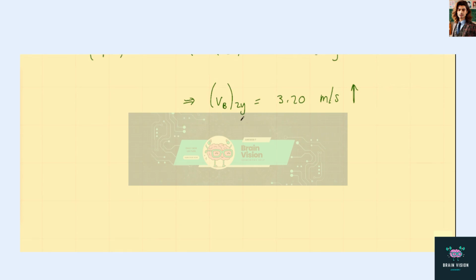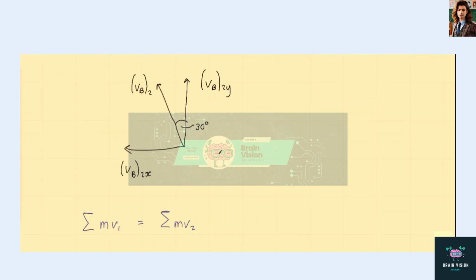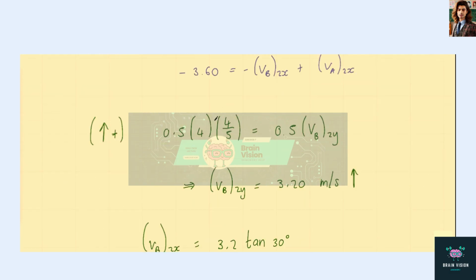Now, since we have this, we can find VB2x, which is 3.2 times the tan of 30 degrees. Remember, we have VB2x, and VB2y, and the final velocity of B, VB, and the angle 30 degrees.